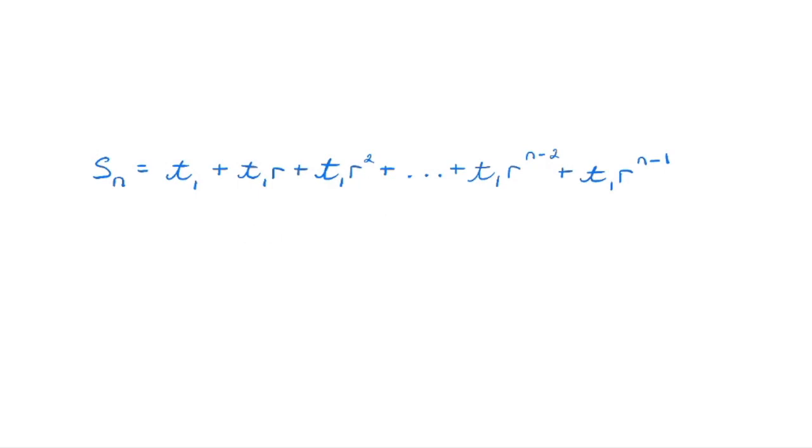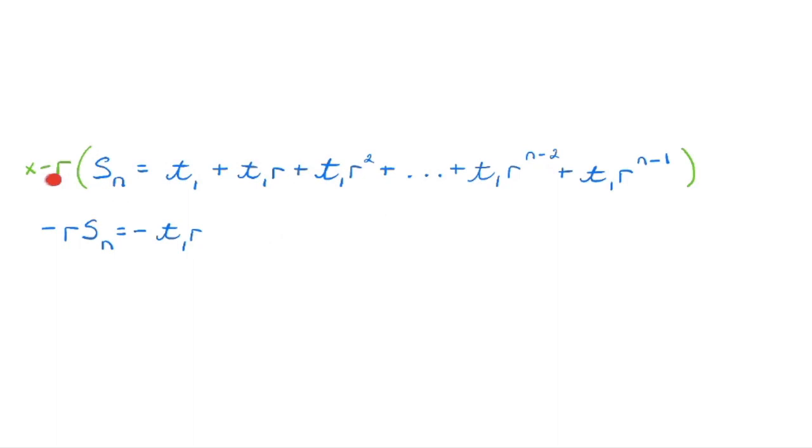I'm going to take that entire geometric series and multiply the entire thing by a negative r. So when we do that, negative r times s sub n is going to give us just negative r s sub n. Negative r times term 1 is going to give us a negative term 1 r. I just put the negative out front.